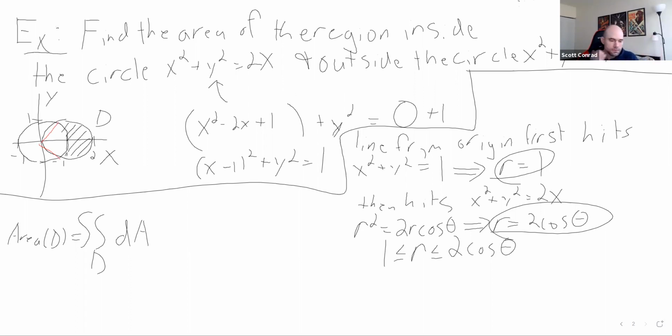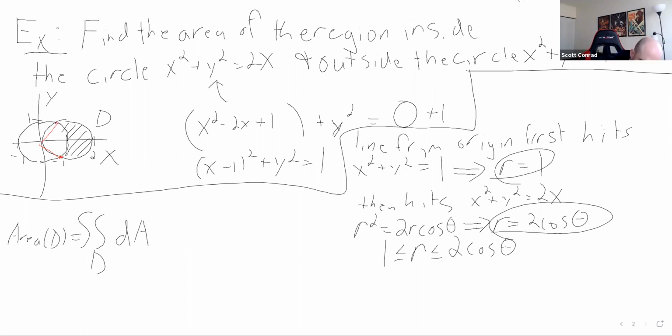The least angle we make with the positive x-axis is down here at the meeting point, and the biggest angle we make is up here at the meeting point of the two circles.